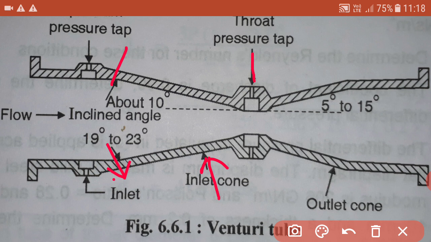Okay, and after that there is an outlet cone. So input side cone is known as inlet cone, and after the throat pressure tap there is an outlet cone, and here also we can see the angle is 5-degree to 15-degree. Okay, so this is the typical Venturi tube or Venturi meter.